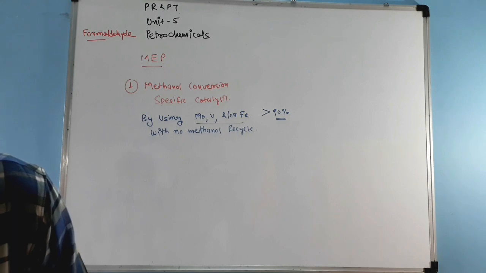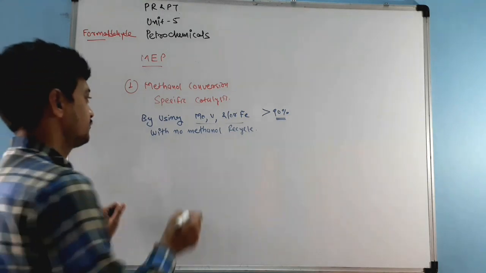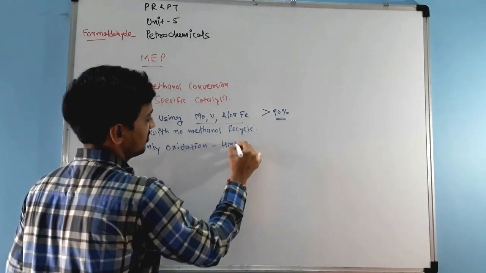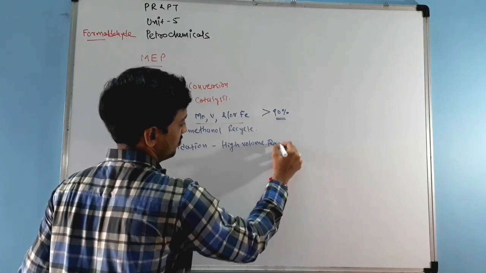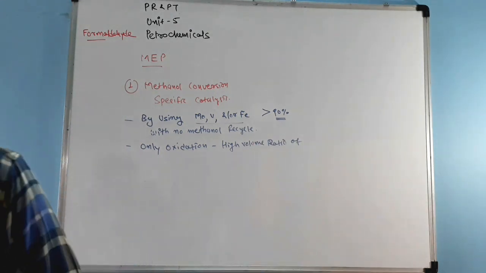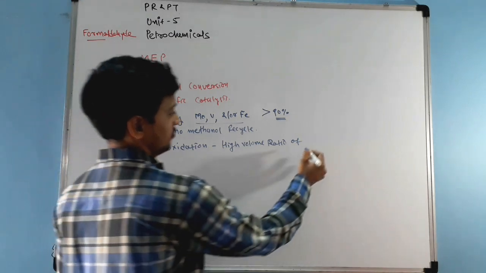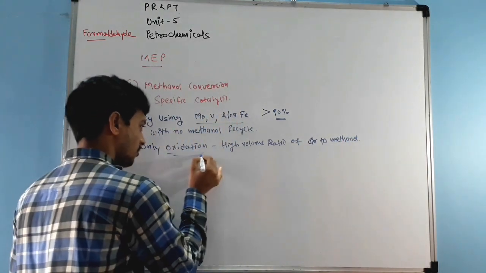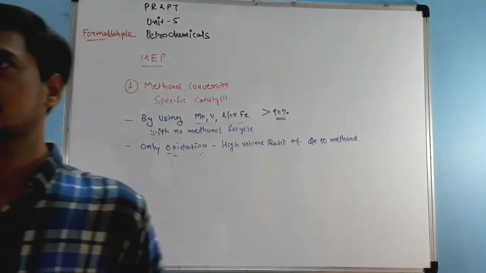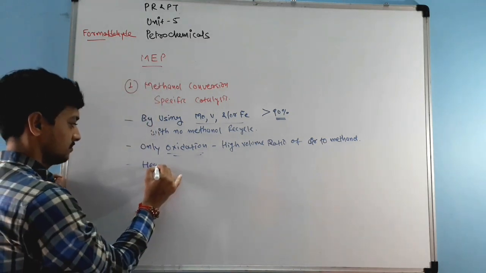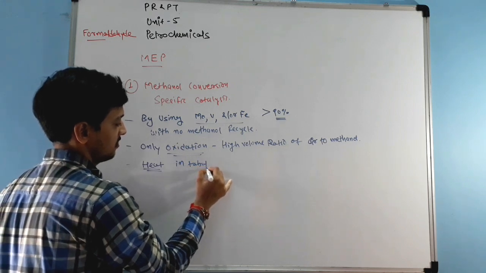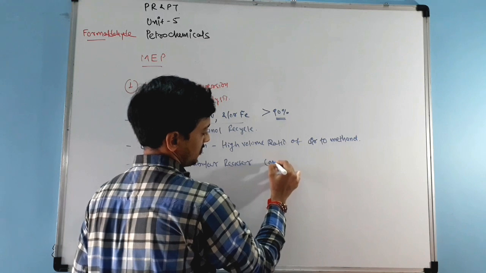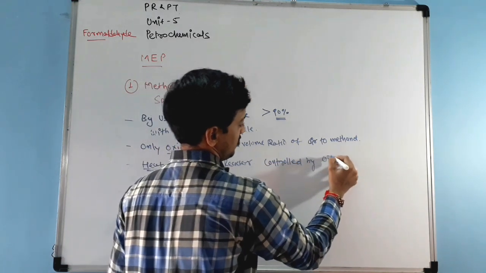And the second thing: high volume ratios of air to methanol are used when only oxidation is favored, and heat in the tubular reactor is controlled by oil recirculation.